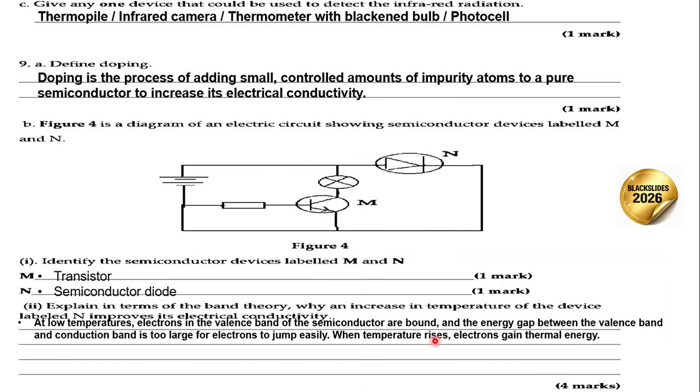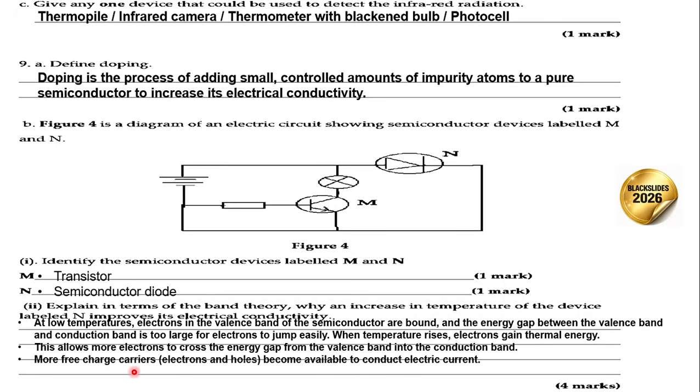When temperature rises, electrons gain thermal energy, which translates into gain of kinetic energy. This allows more electrons to cross the energy gap, also called the forbidden gap, from the valence band into the conduction band. So more free charge carriers, electrons and holes, become available to conduct electric current. As the number of charge carriers increases significantly, the electrical conductivity of the diode also improves.